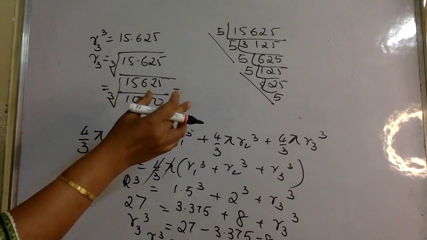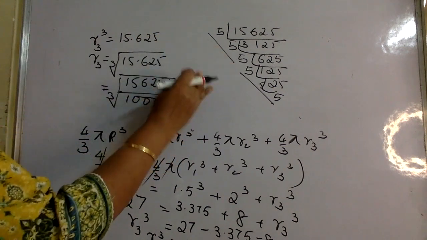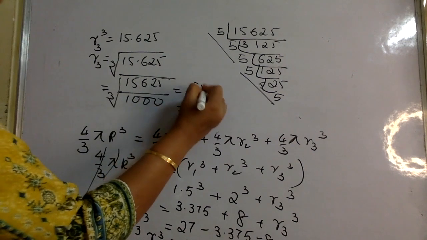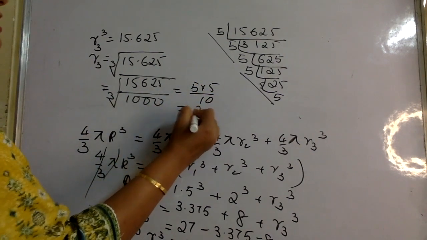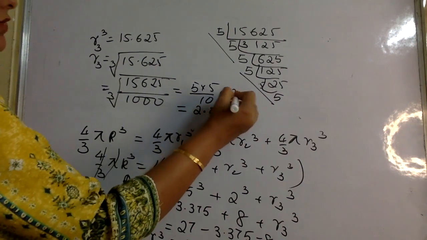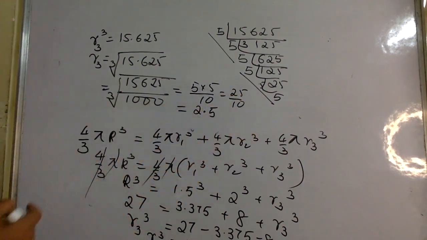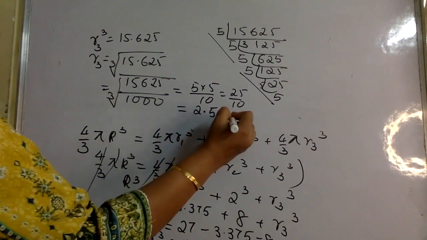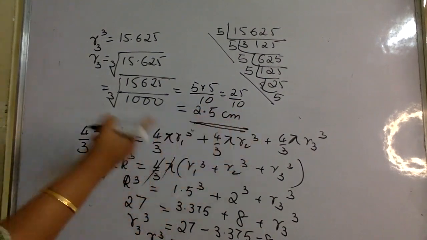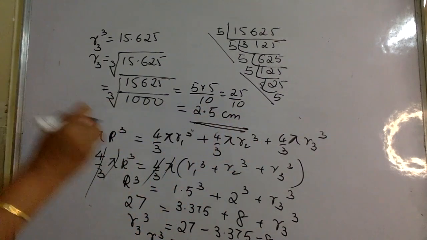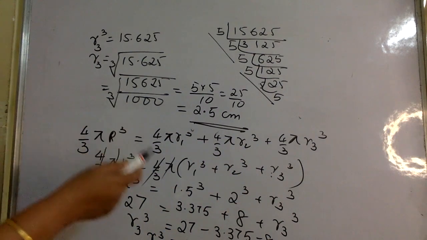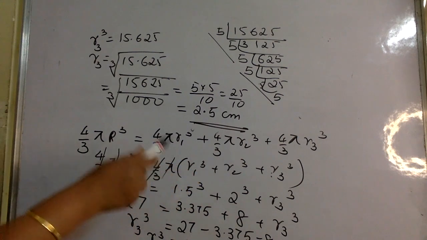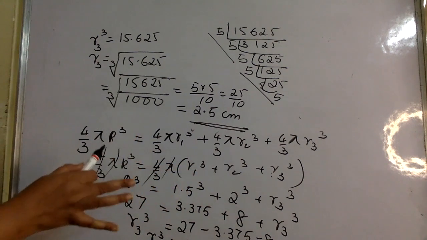This is cube root, so we'll make sets of 3. From each set we'll take 1. So 5 into 5, and the cube root of 1000 is already 10, so this is 25 by 10, that is 2.5. So 2.5 centimeters becomes the radius of the third ball. So we have tried to do this sum with minimum calculations.